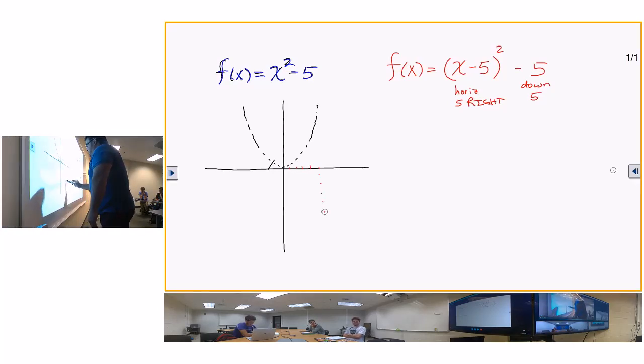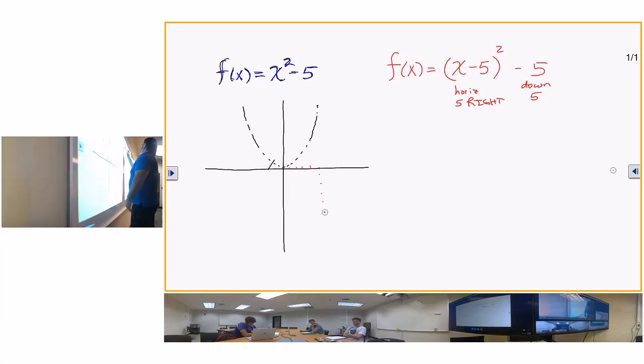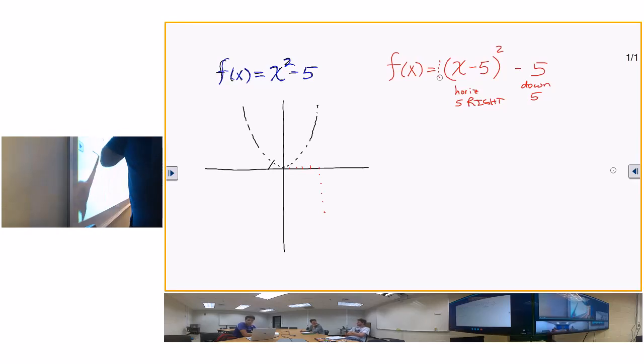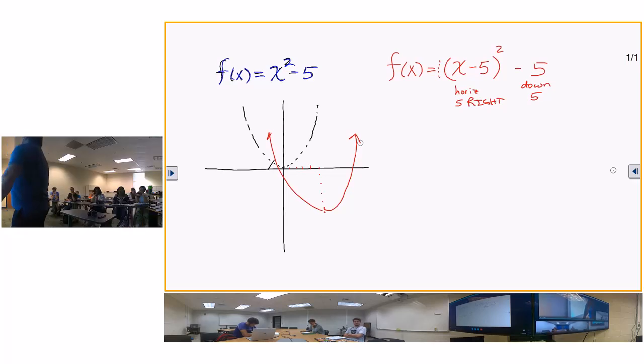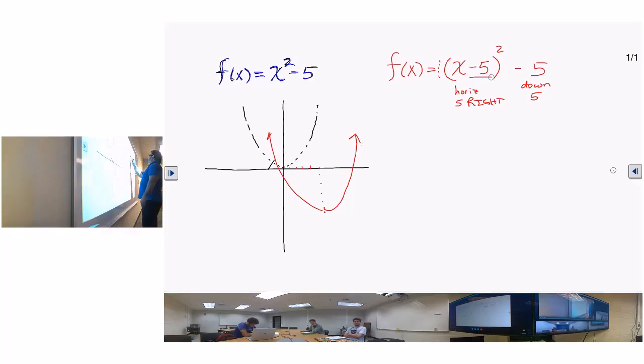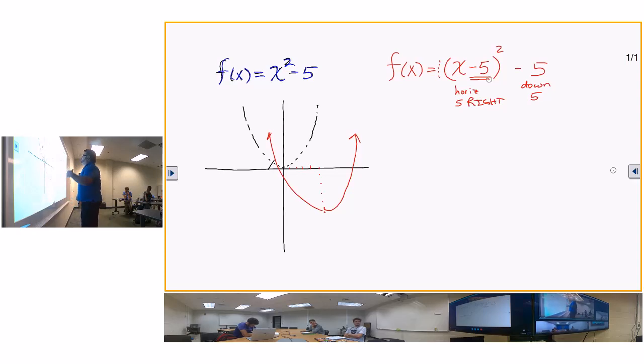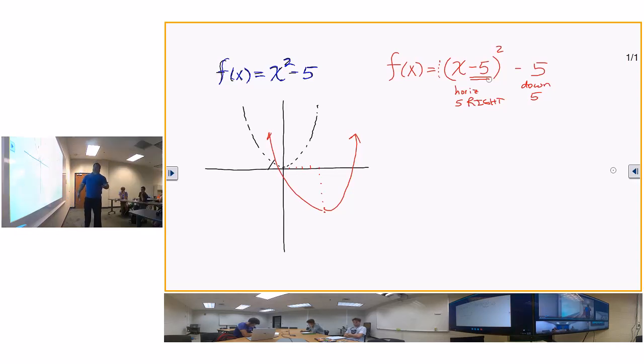So this black graph that I started with, since this is 1, there's nothing really changing about the actual orientation of the graph. And I would just draw this same black graph right there. So this is the horizontal shift because it's attached to the x within the brackets or the braces or the parentheses or the absolute value marks.